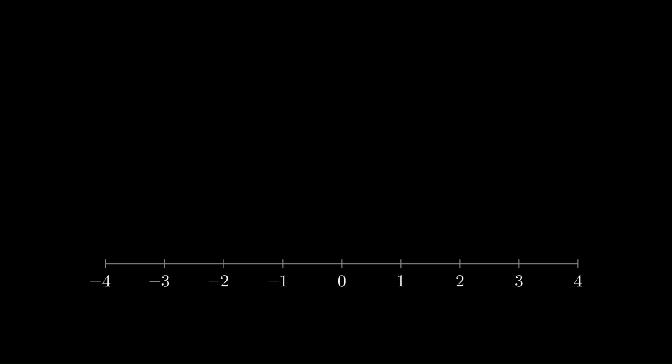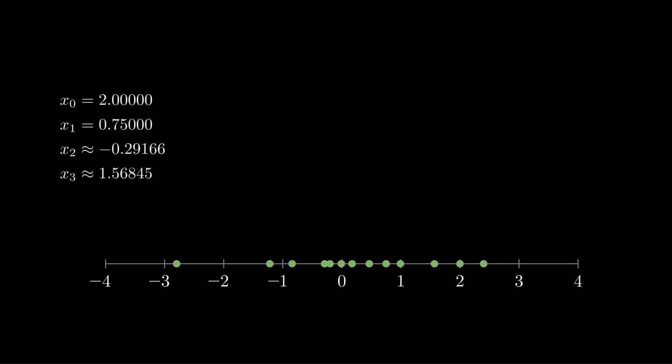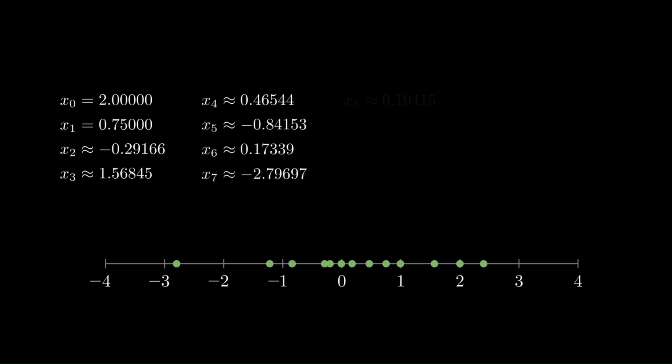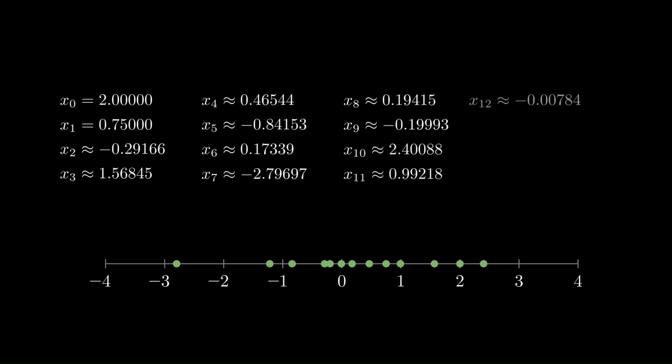If we plot the values of x0 through x12 on a number line, they seem pretty chaotic. Notice that x12 seems to be very close to 0, and in fact it's around negative 0.007, so the tangent line at that point is going to be nearly horizontal. That means that the terms after it will be huge, well beyond the range shown here.